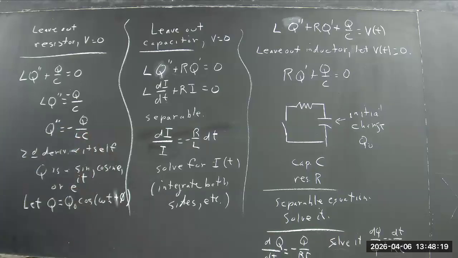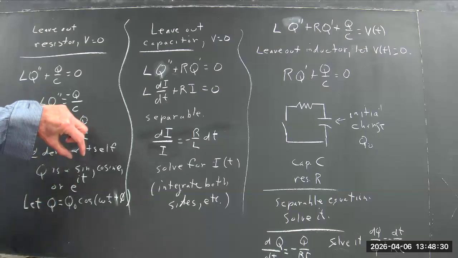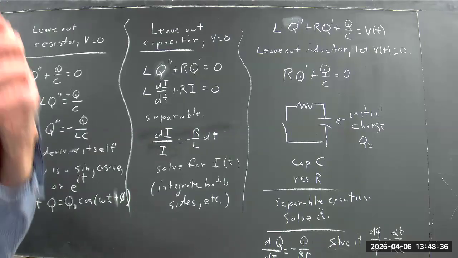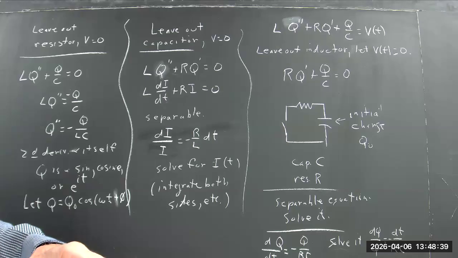Sine and cosine are orthogonal functions. You would get linearly independent solutions if you substituted some linear combination of sine and cosine, A sine of omega t plus B cosine of omega t.